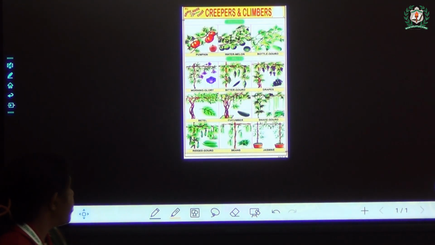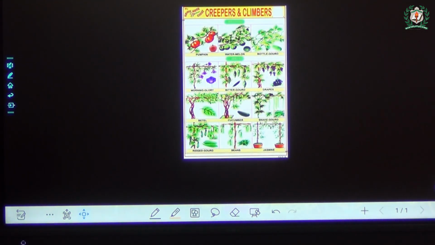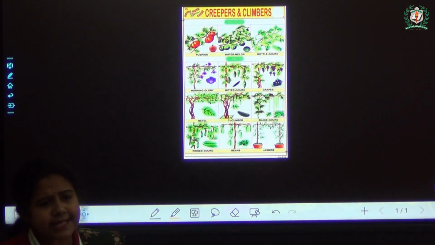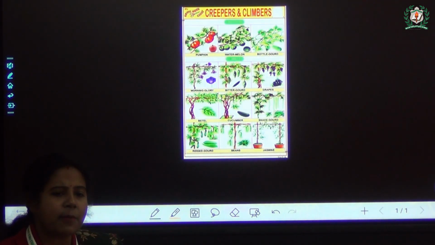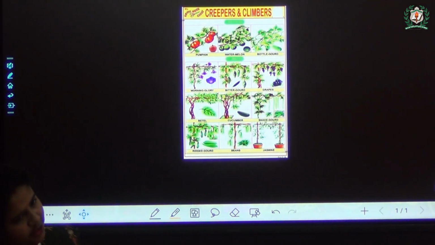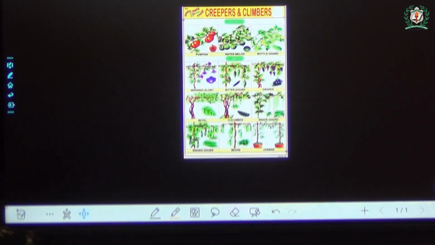Okay. And which type of plants need support to grow up? And which type of plants have weak stems but do not need any support? Creepers.